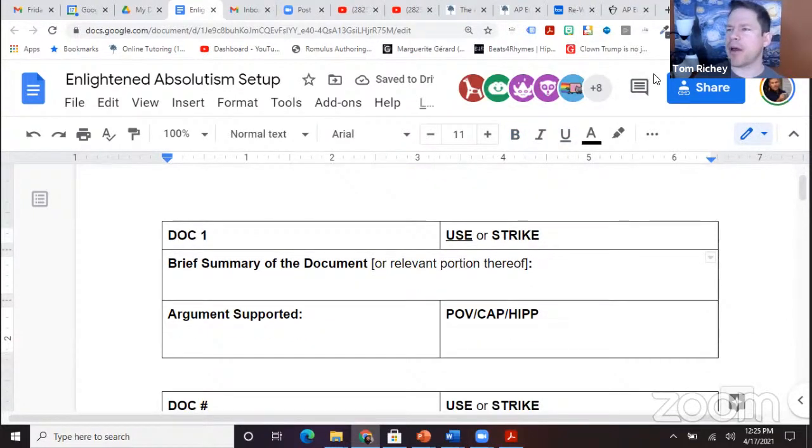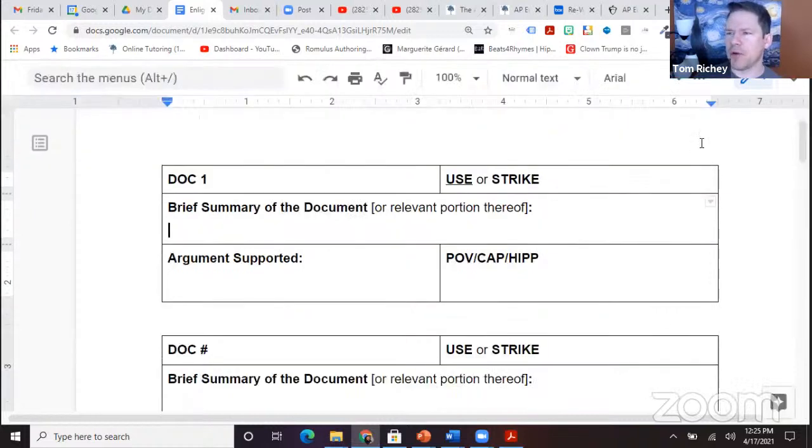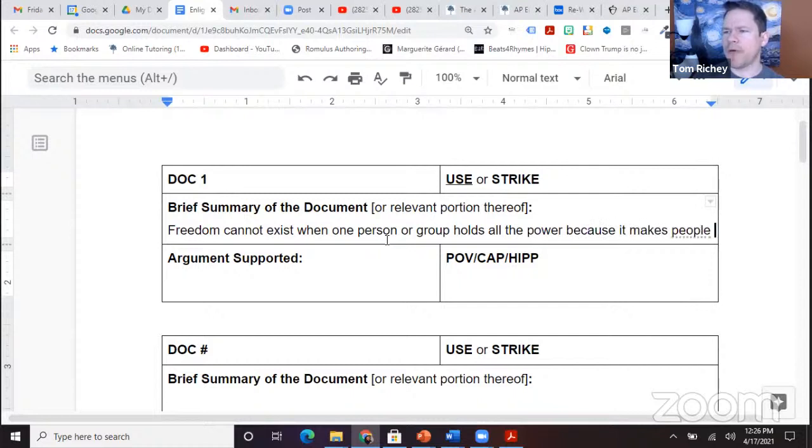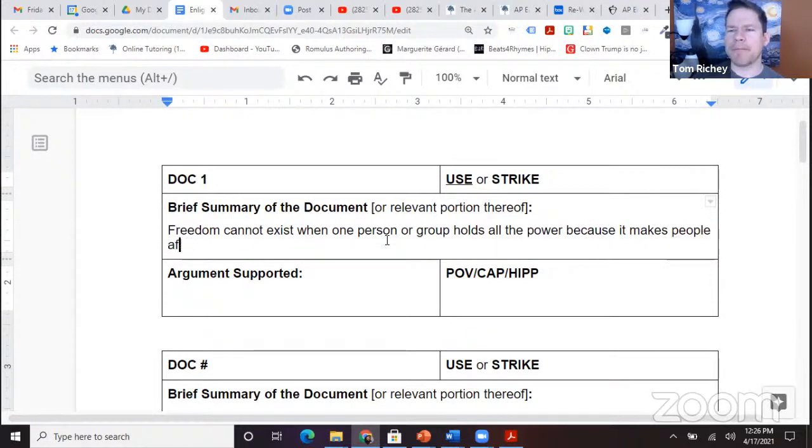And then when we think about a brief summary of the document, what we're noting here is that basically freedom cannot exist when one person or group holds all the power, because it makes people afraid.